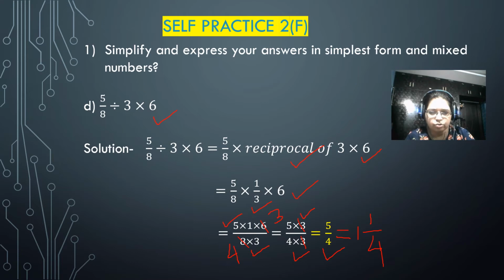And 1 is the quotient and 1 is the remainder, divided by divisor 4. So we get 5 divided by 8 division of 3 multiplied with 6 equal to 1, 1 divided by 4.